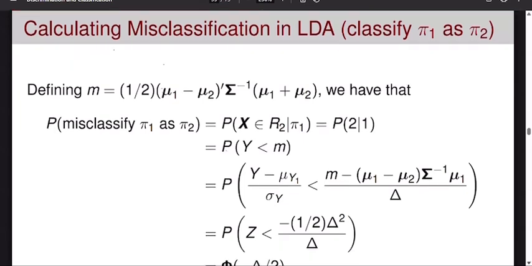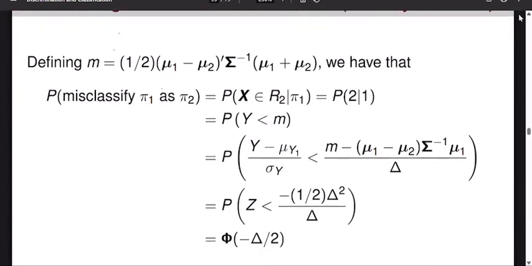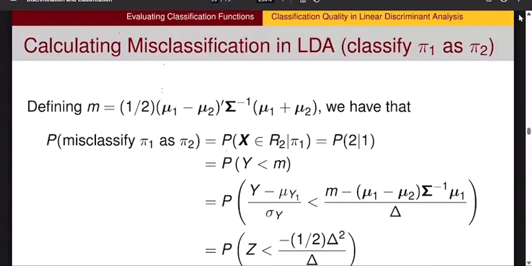Okay, so what I want to find, don't forget, is the probability associated with misclassification. Right now, I want to find the probability that I misclassify pi 1 as pi 2. Something that's supposed to be classified in group 1, but I classify it in group 2.